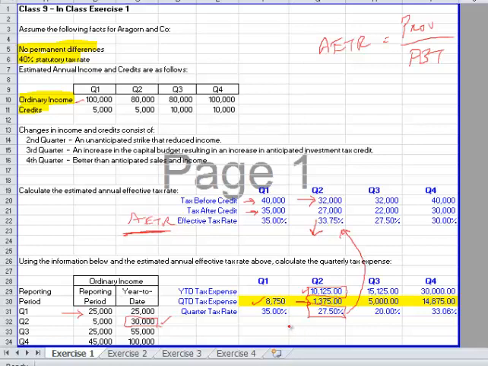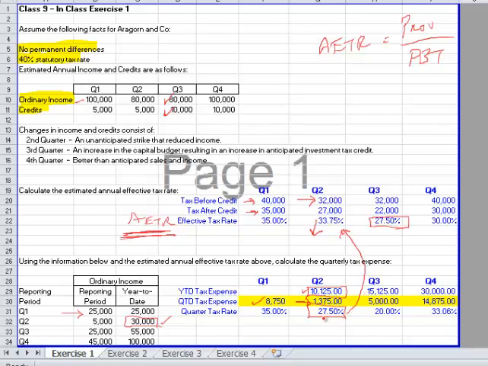We following that? Okay. So then you go to Q3, and for the year, again, I'm going to start by updating my AETR. My income is the same, but now my credits got bigger. So, of course, my rate's going to go down, right? So now my rate's 27.5 for the year. And you would have guessed, well, gosh, if it's 27.5 for the year, I booked 27.5 last quarter. I'm good, right?